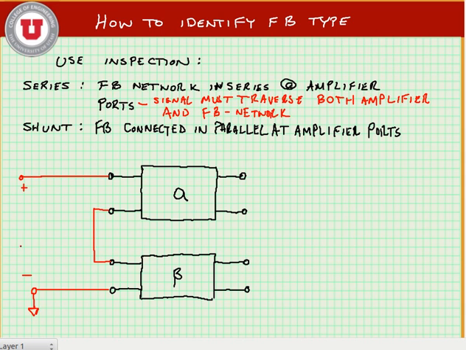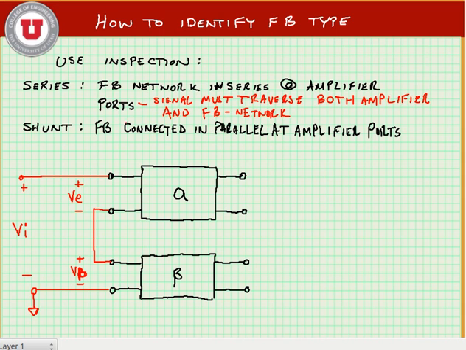So this is our input signal, V sub I. Our feedback signal would come across the output of the feedback network, V beta. And our error signal, V sub E, would go across the input of the amplifier.